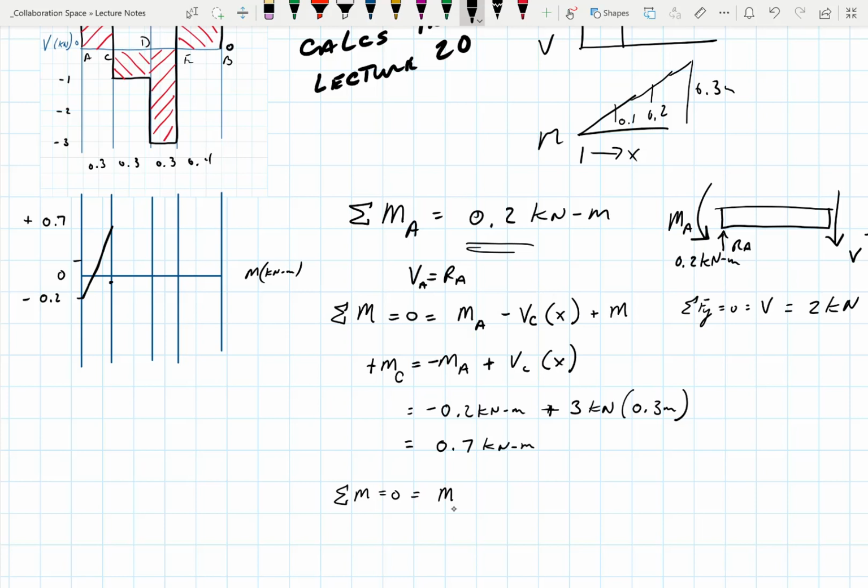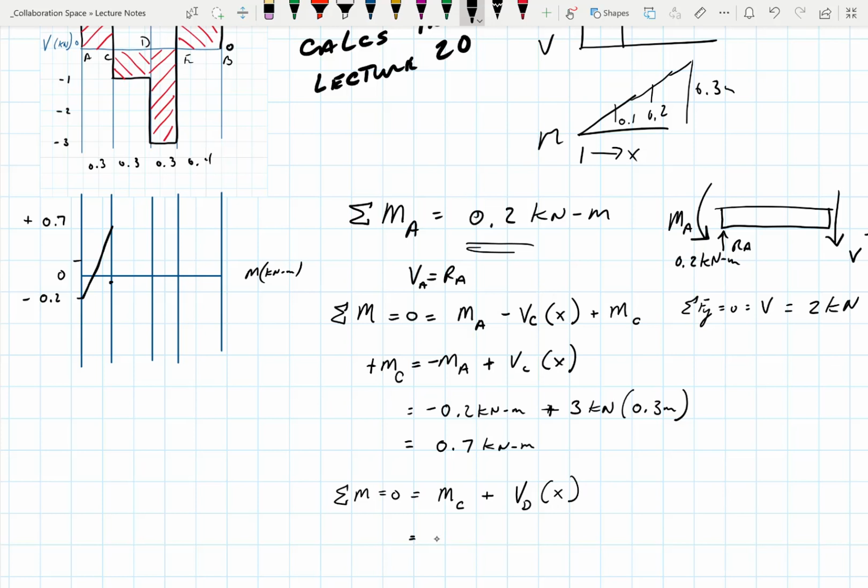So I can label that. And that's what this would have been. M of C plus the V at D, right, which is -3, times that distance, okay?